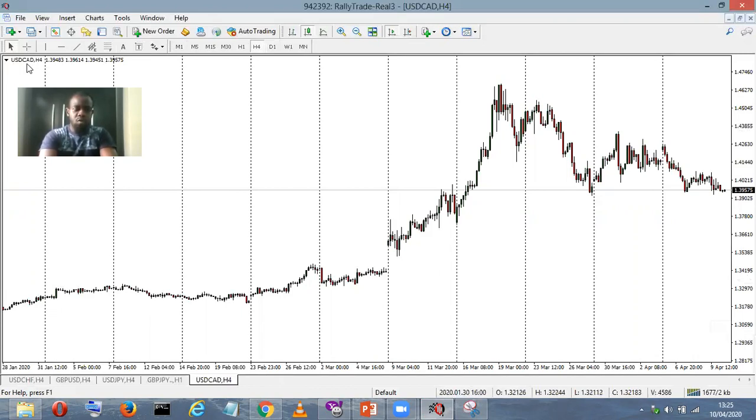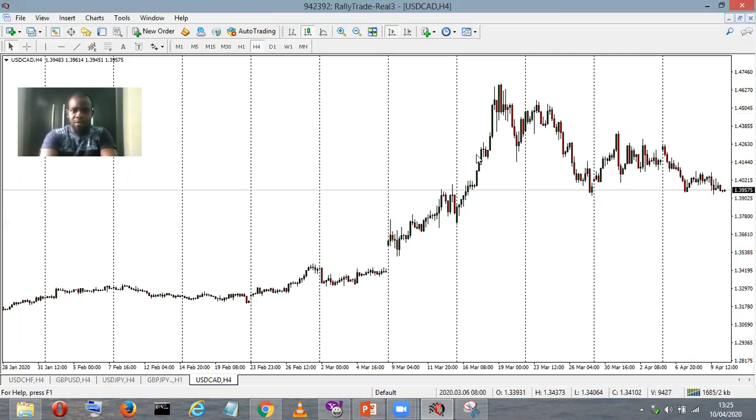If you're a Canadian citizen and you want to go to the US, this is the value of the US dollar against the Canadian dollar, 1.39575. So this is basically the exchange rate, different exchange rates. So right now, this is what the exchange rate is. This is what the chart looks like.